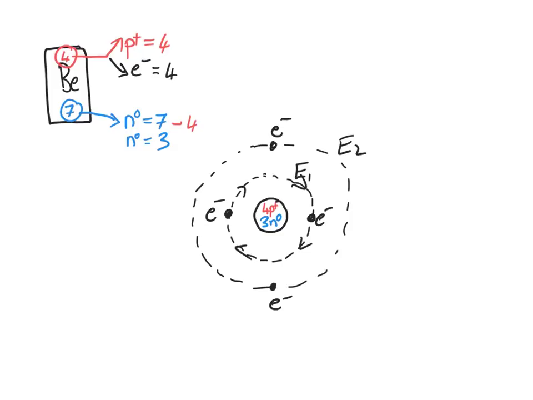Now, I am going to assign you a small task, and the task is to draw sketches of the remaining elements in the first 10 elements of the periodic table.